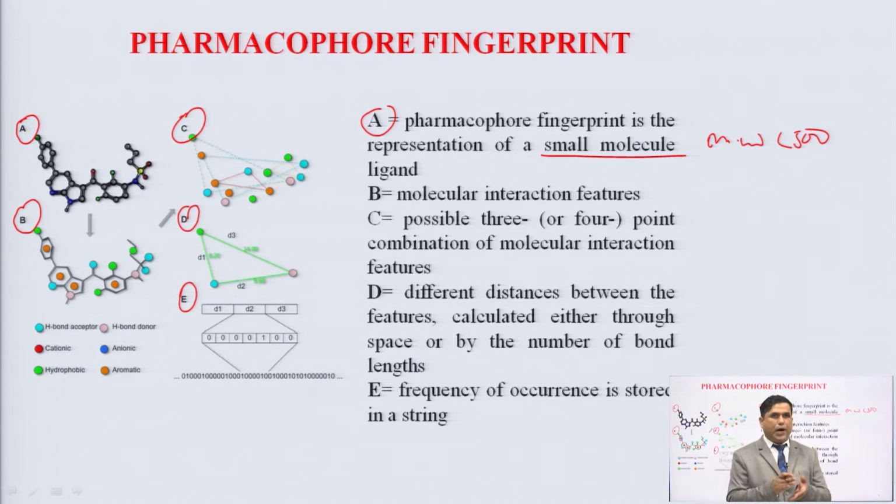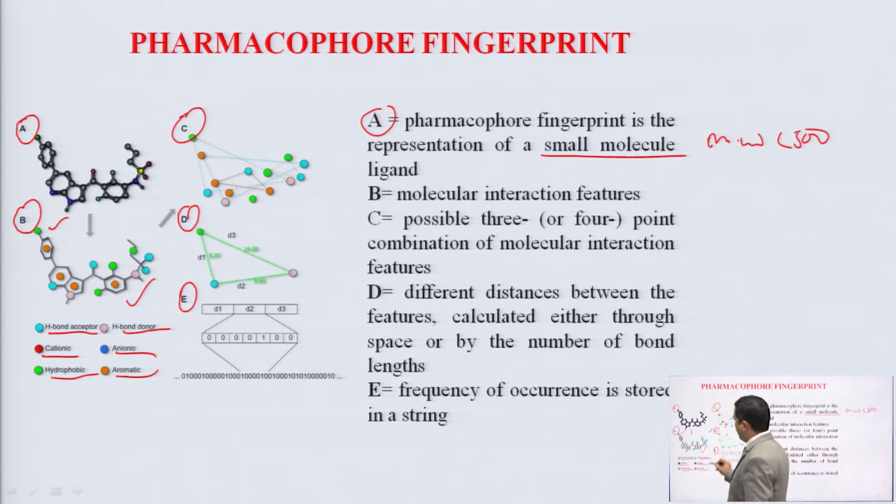The different colors show the different types of features: the hydrogen bond acceptor, the cationic and hydrophobic, hydrogen bond donor, anionic and the aromatic. These different colors show the different types of features in a molecule as the molecular interaction features.